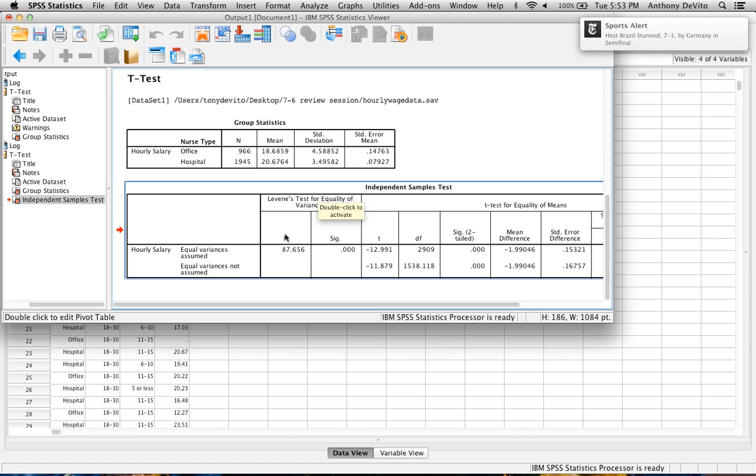Okay, so it comes up with a statistic called F. It's not F like for analysis of variance. Okay, it comes up with a statistic F. Now F has a distribution associated with a probability.